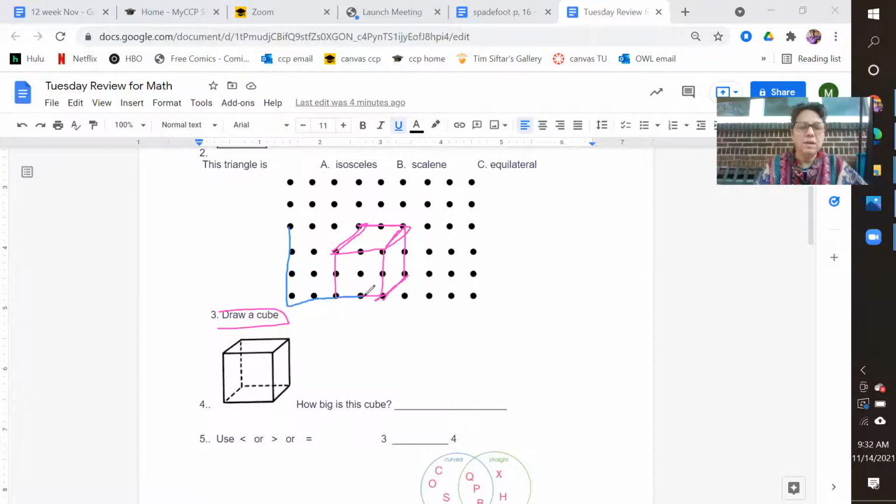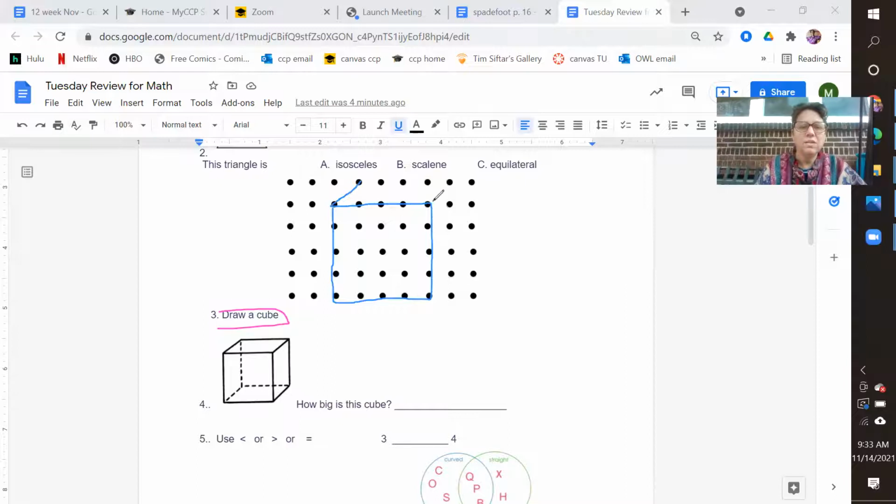You can certainly also make a big cube if you want to. Remember it has to be the same number, and then it doesn't matter how many you go back. You could do that, or you could make it 5 by 5, or you could make a giant one. 1, 2, 3, 4, 5, and so on for each side.